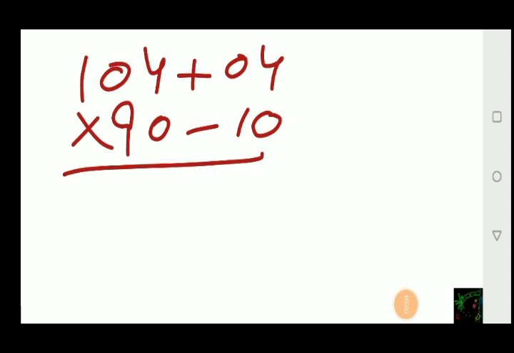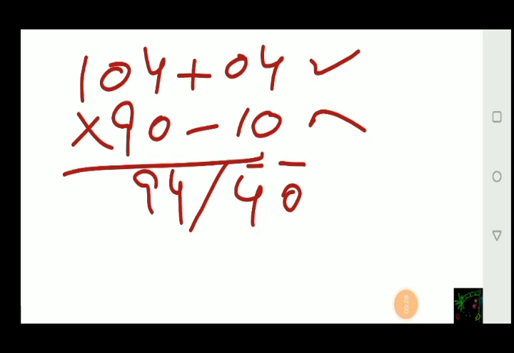Multiply 104 by 90. 104 is 4 above the base and 90 is 10 below the base. So you will be getting here 40 vinculum at both the numbers and then 90 plus 4 or 100 minus 10, you will be getting 94.